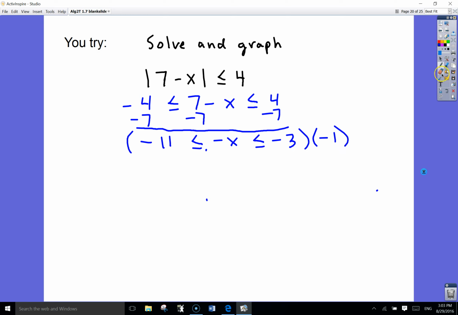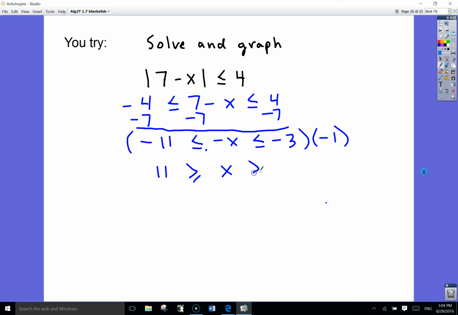Okay, now you got to remember, what happens to an inequality when you multiply it by a negative number? And the answer is, it flips the direction of the inequality signs. So negative 1 times negative 11 is 11. That less than or equal to becomes a greater than or equal to. The negative x becomes an x.